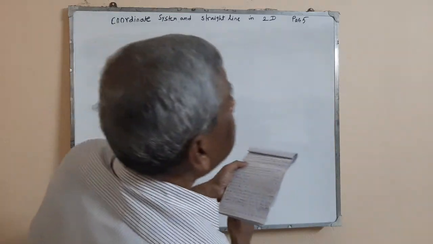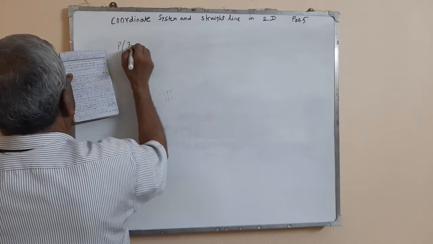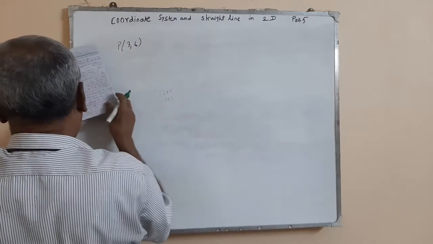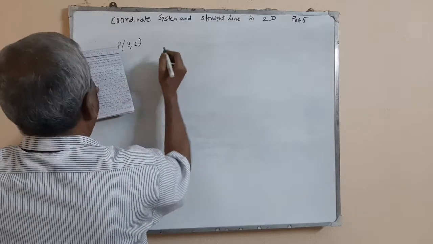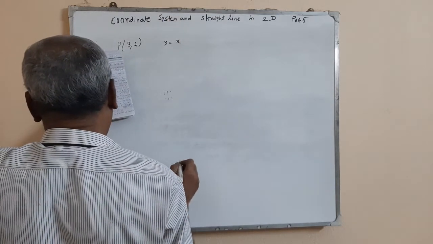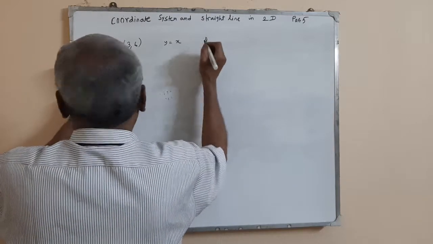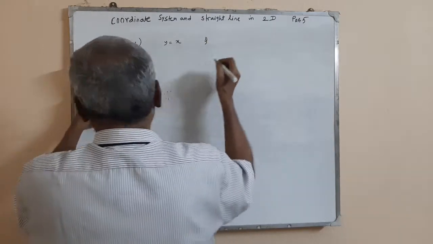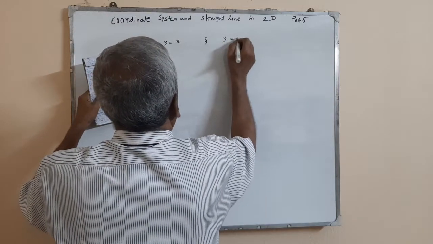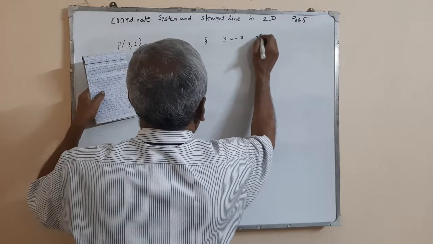Next. If P(3, 6) is first reflected on y is equal to x, then its image point Q is reflected on y is equal to minus x at Q dash.